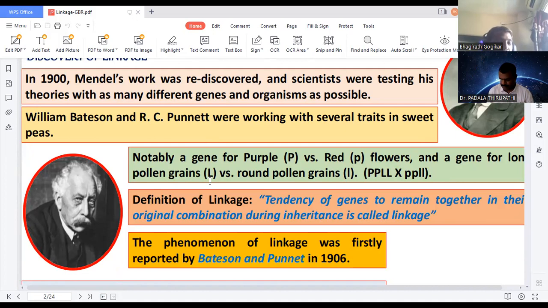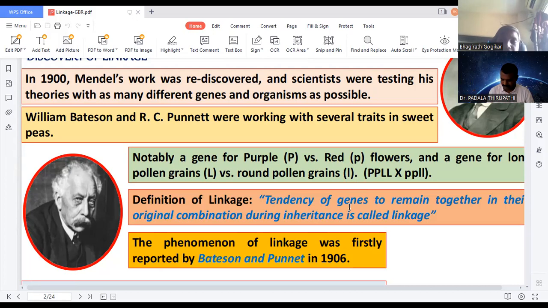Linkage arises when a chromosome contains many genes, that is, when the gene number exceeds the chromosome number in any living organism or plant. Let us observe what is meant by linkage.